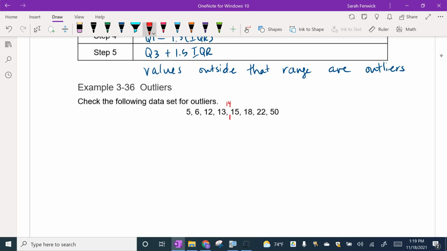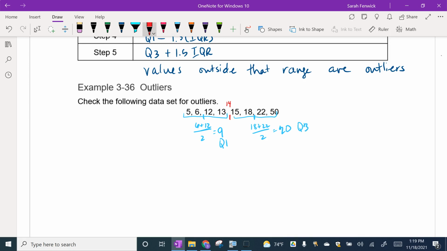I didn't technically need that, but I kind of like finding it just to say, hey, here it is. All right, in these 4 values, I would be halfway between here. So 6 plus 12 divided by 2 is 9. That's Q1. Here, 18 plus 22 divided by 2 is 20. That's going to be Q3.